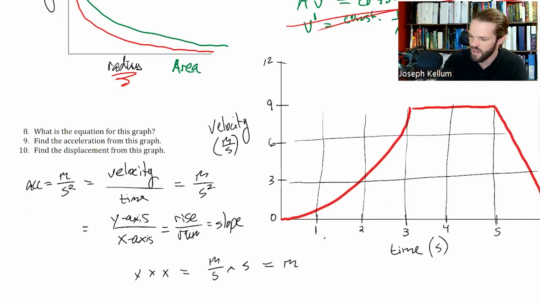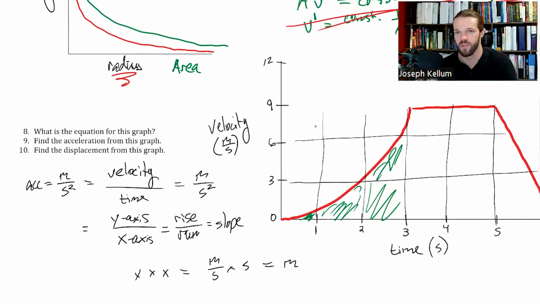You could literally just count the boxes underneath this and come up with fractions for the partial boxes. This small one on the far left bottom would be a fraction of a box. This is maybe half of a box. Here's a full box, half of a box, etc. You literally just count those up to find the displacement over the course of this journey that this person went on. We can assume that is a person in a car or something.